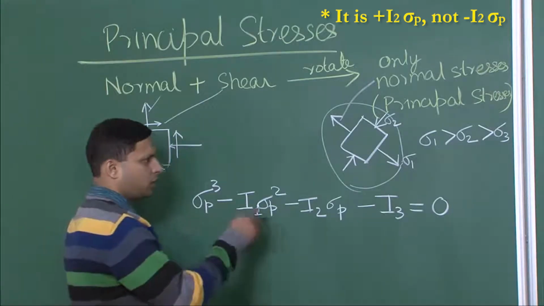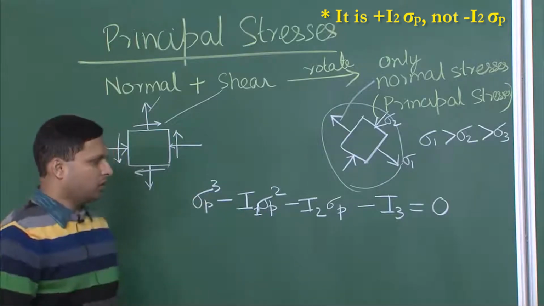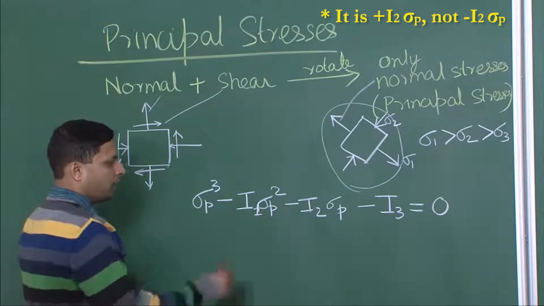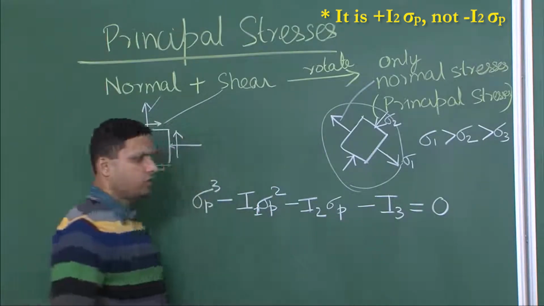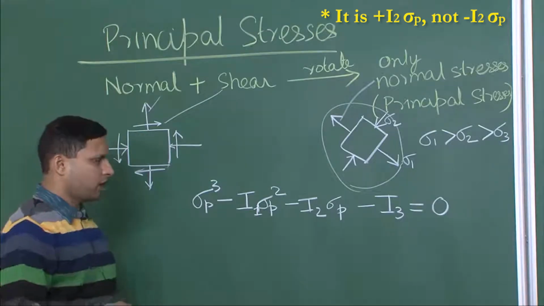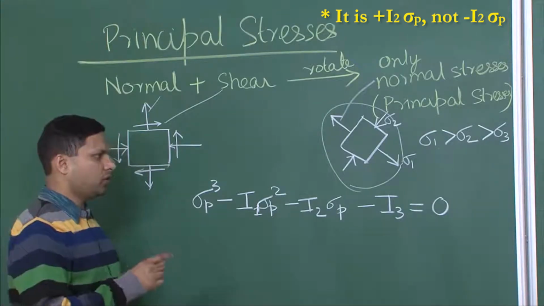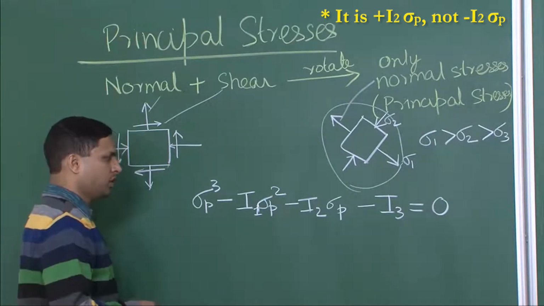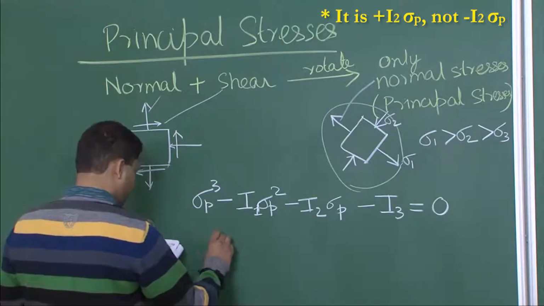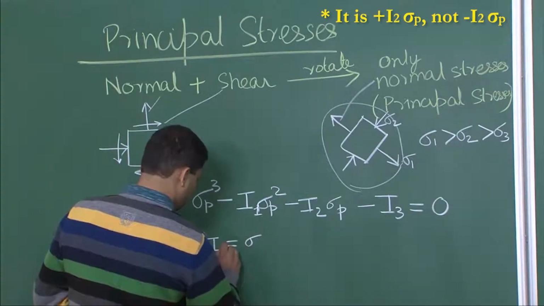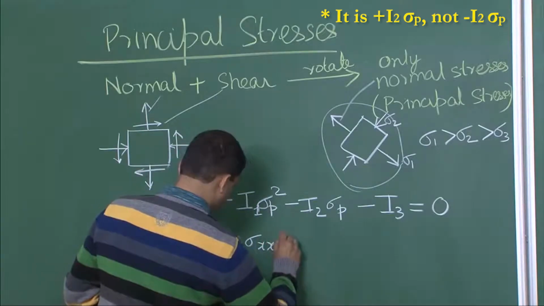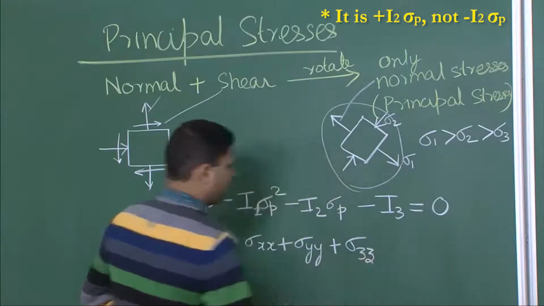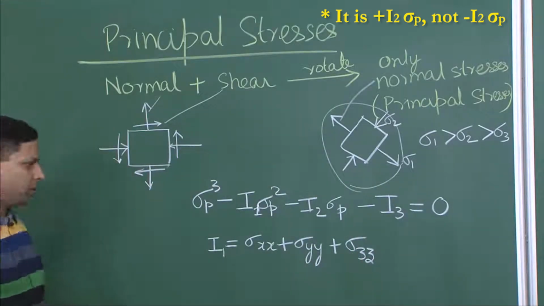If we are talking about 2 dimensions, this automatically reduces to a quadratic equation and you will get only 2 values. Here I1, I2, I3 are the invariants, called the stress invariants, where you put in the known stress values. So, I1 is given as sigma xx plus sigma yy plus sigma zz.